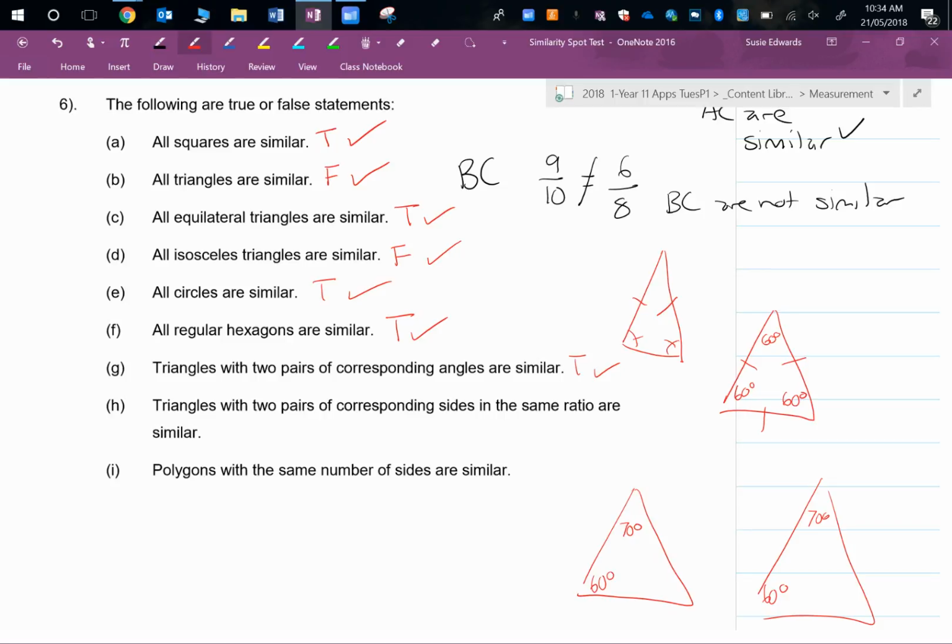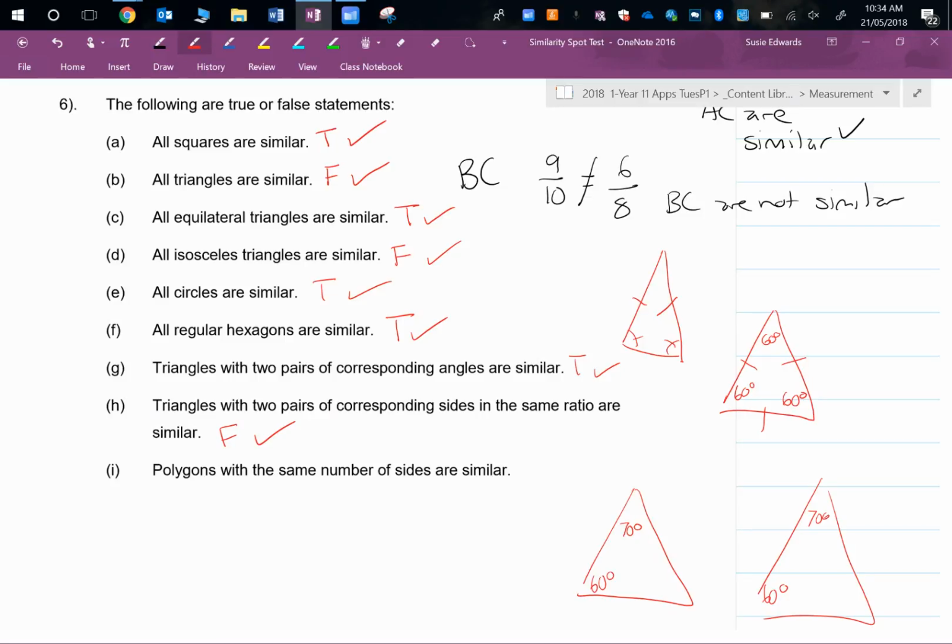Yeah, because we don't know what the other side is and we don't have the angle. It's about that angle in between it. So I think the answers are wrong. I'm going to say false. The reason for that is if you had the angle in between them, that would be side, angle, side. If you had the angle in between those two sides, yes, true. But because we don't know that angle and we don't know that length, we can't say that they are similar.